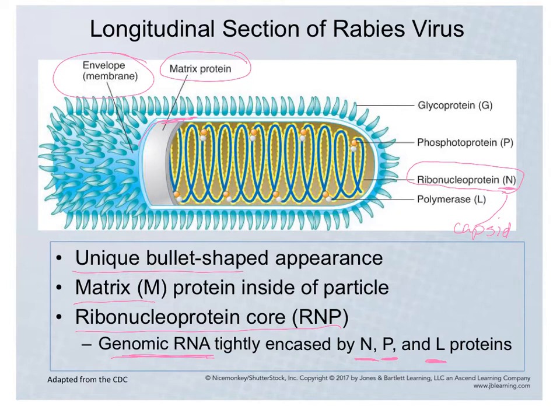And that's going to be the reason that we have these additional proteins, P and L, attached to the complex. The L protein is the polymerase protein, and then the P is called a phosphoprotein, and that's going to be important and required for the replication as well.